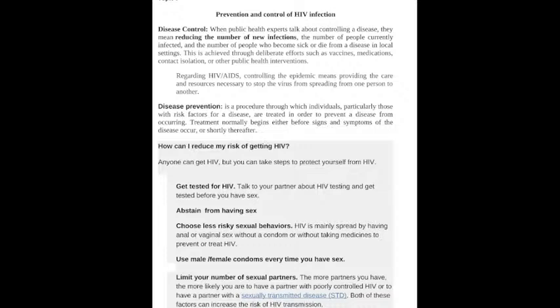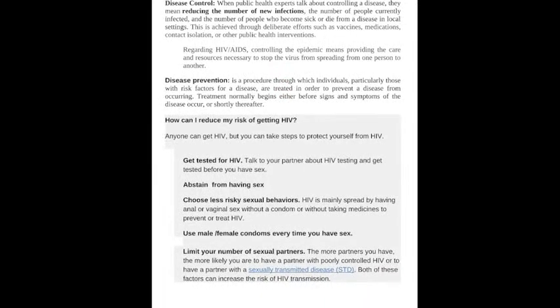Now, how can we reduce the risk of getting HIV? Some of these points, I say we have already looked at them in the previous classes, and I'm just going to pass through them. The first way of reducing the risk is by getting a HIV test. Why is this important?